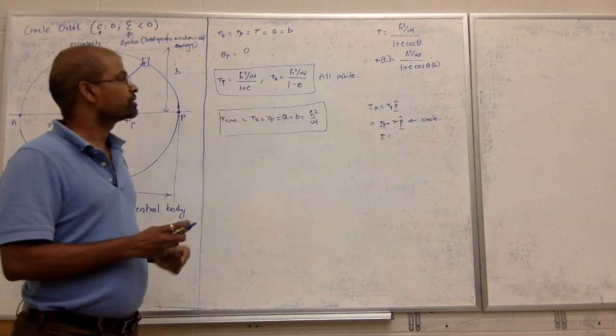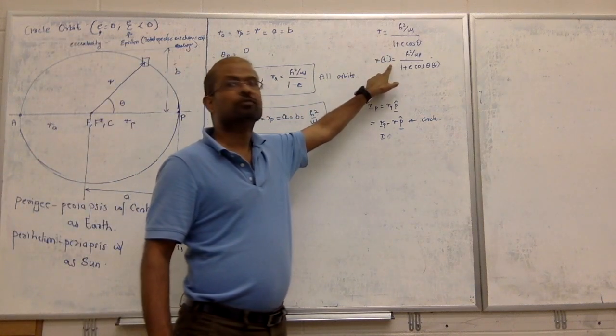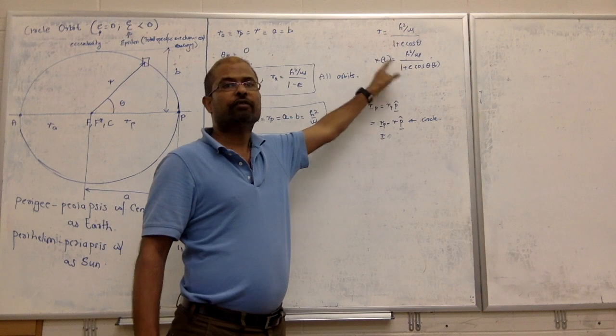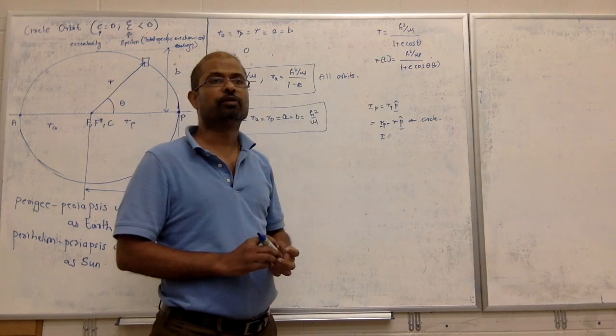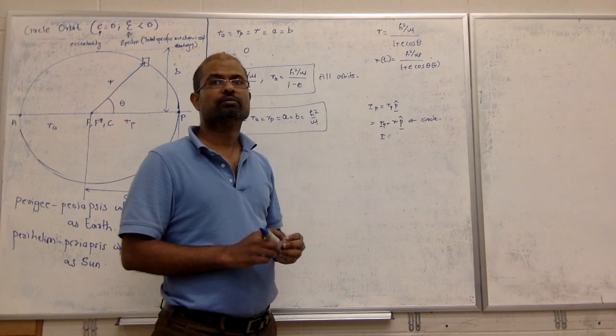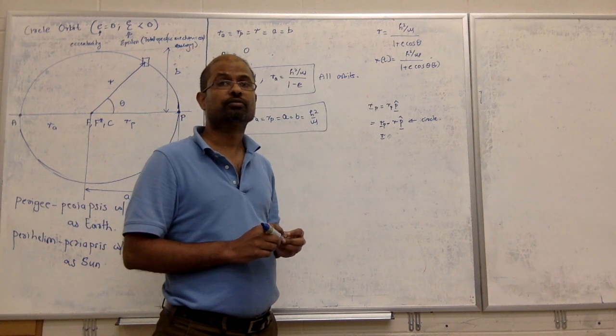This is just a function of time. If I write it like this, you have to understand what is constant here and what is variable. And we did that when we derived the r relation.